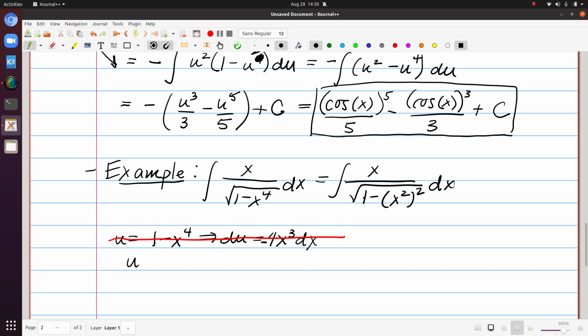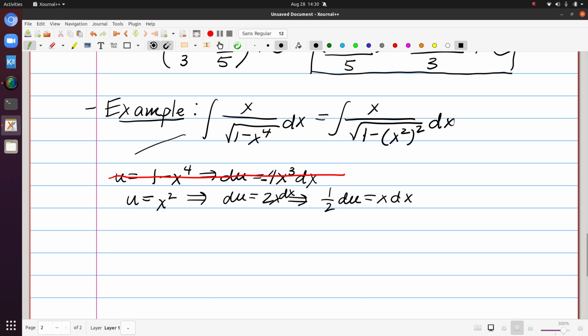So the non-obvious choice of u is to, in fact, let it be x squared. du is now 2x dx. And consequently, x dx is now 1/2 du.